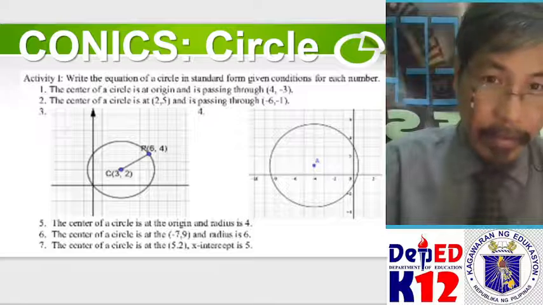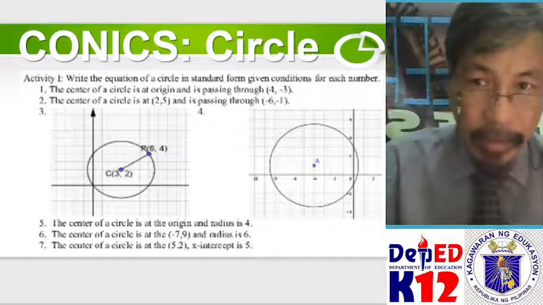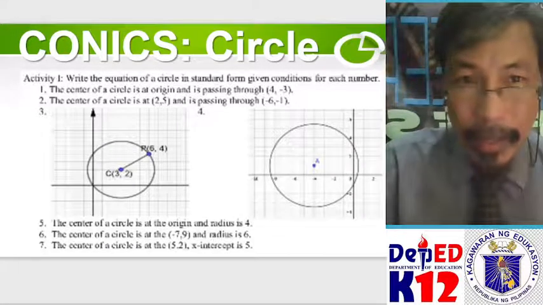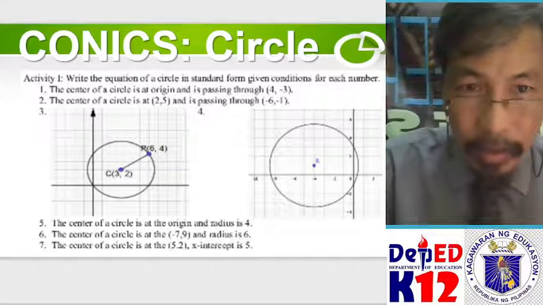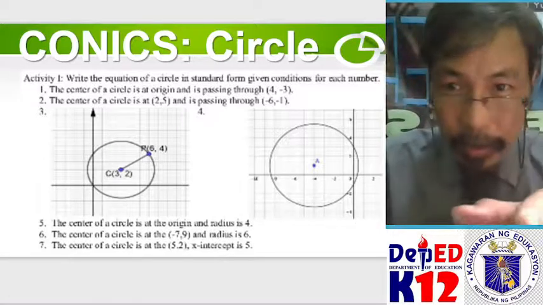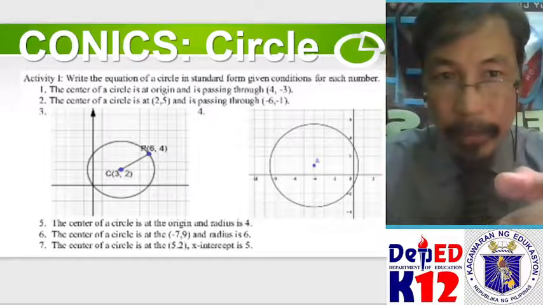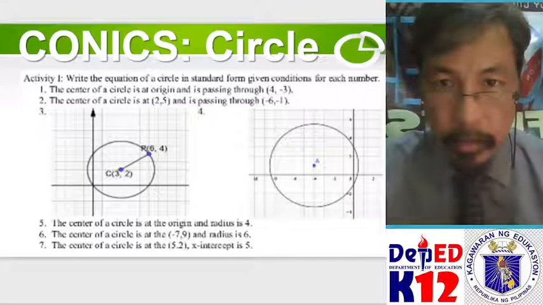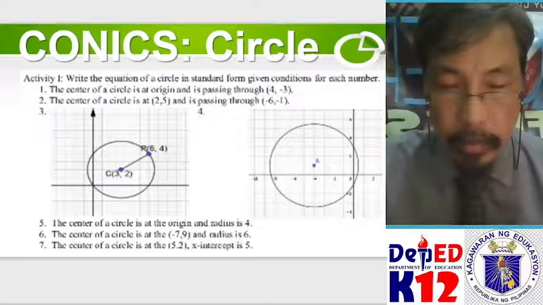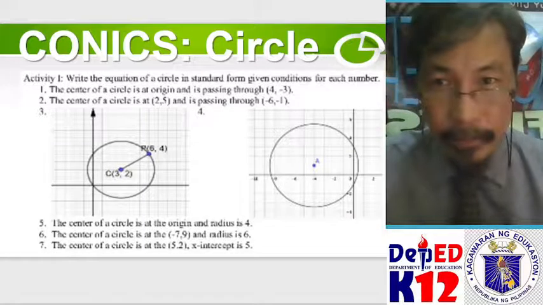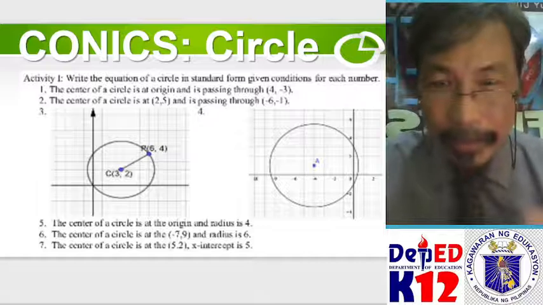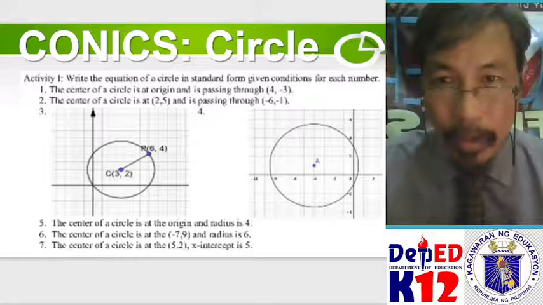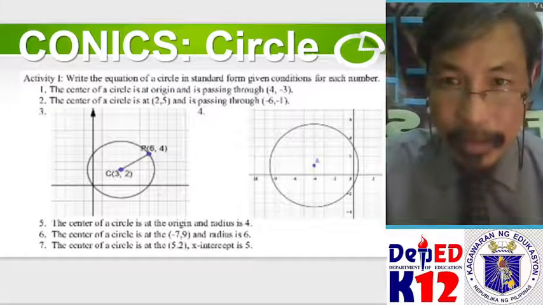And we also mentioned the other point that intersects the y-axis, which is 0, -1, as you can see in your graph. That is the y-intercept. Now, we are given the x-intercept. What is the difference? Let's look at the intersection of the x-axis with the circle.